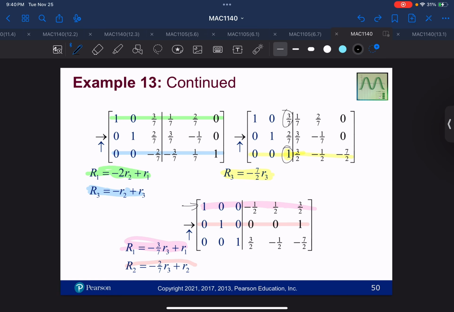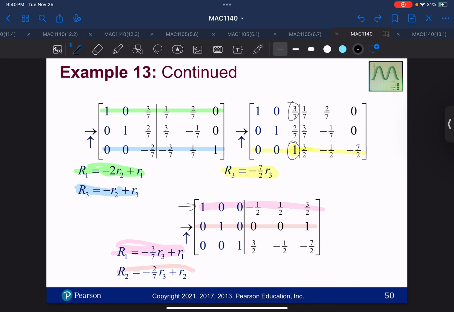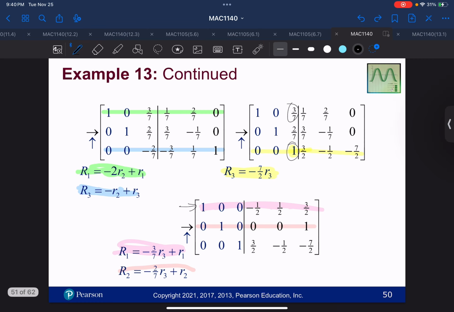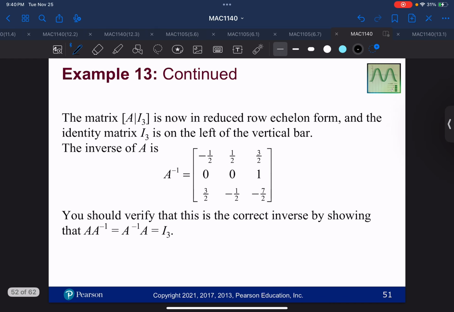So because we got the left side equal to the 3 by 3 identity matrix, the right side of this matrix here will be the inverse matrix of the original matrix we started with. So the inverse of A is this 3 by 3 matrix with the numbers from the right side of this augmented matrix that we got.